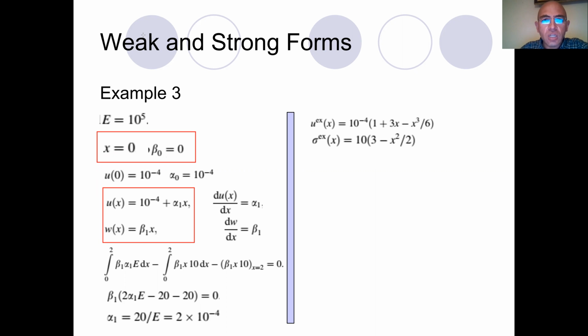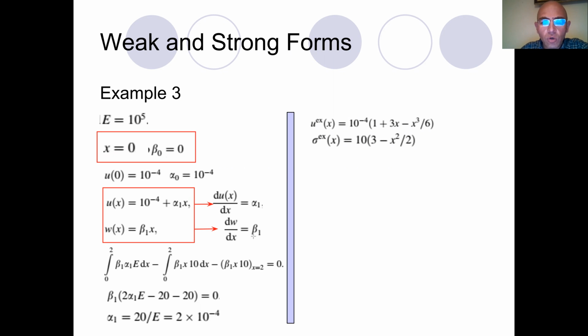Now, I need to calculate the derivative of the trial solution and weight function, because I'm going to substitute these values into the weak form. If I take the derivative, I get du/dx equal to alpha 1, and dw/dx equal to beta 1.